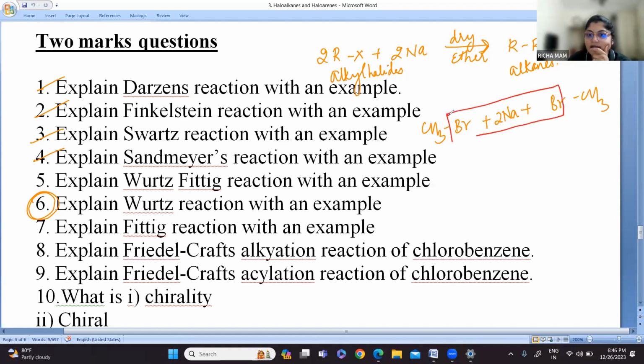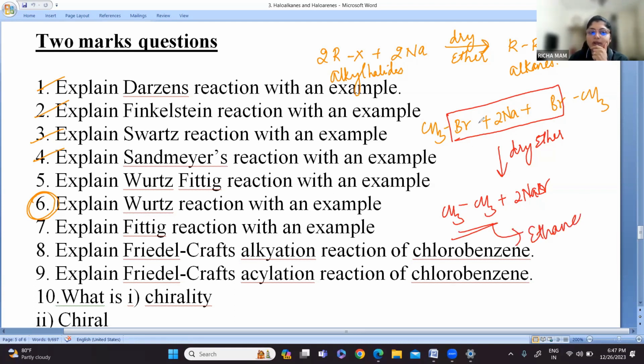The halogens are eliminated, in the presence of dry ether, giving you CH3-CH3 plus 2NaBr. Is my reaction correct? Alkyl halides react with sodium in the presence of dry ether to give higher alkanes. So two molecules of methyl bromide reacting with sodium in the presence of dry ether give ethane. Is it clear?